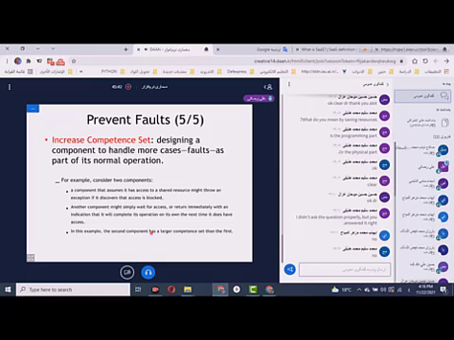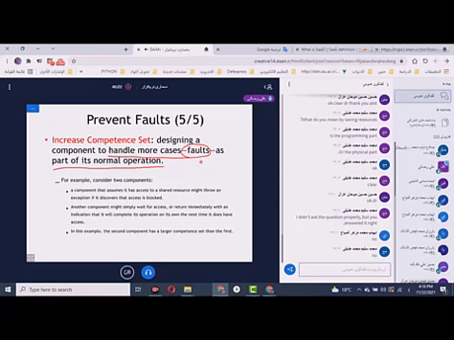Okay, this is an increased competence set. So we can say that it means designing a component to handle more cases of faults, specifically as part of its normal operation.